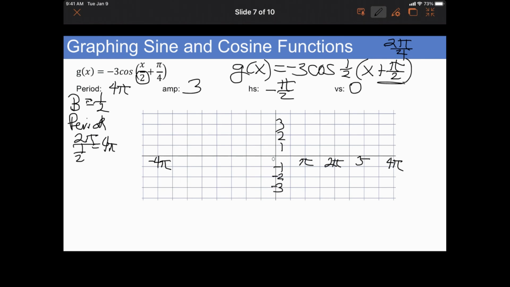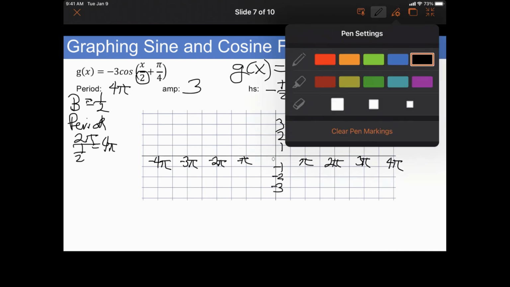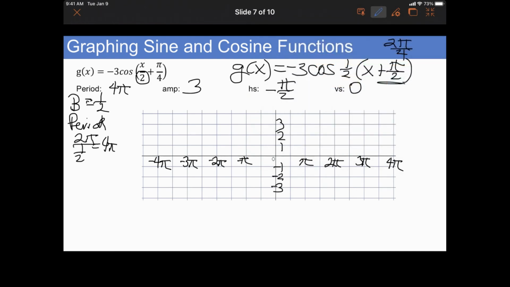So this is 3 pi. I'm going to graph, like I said, everything except the horizontal shift. So I'm going to graph this.